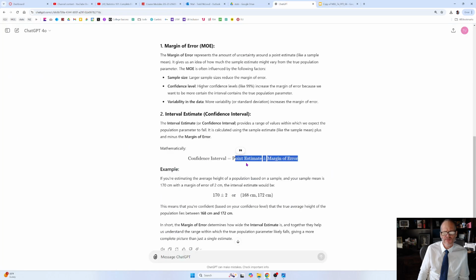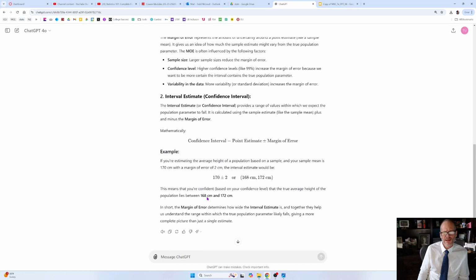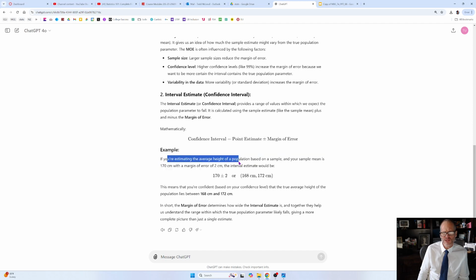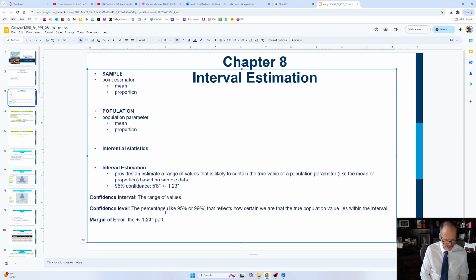So here we have a confidence interval: the point estimate plus or minus a margin of error. Here's an example. If you're estimating the average height of a population based on a sample, and your sample mean is 170 centimeters with a margin of error of 2 centimeters, the interval estimate, or the confidence interval, also known as AKA, is the range of values.